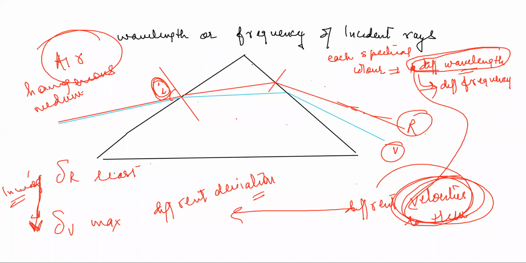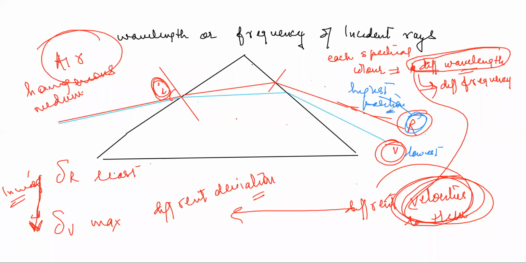And that is why in the spectrum, violet color is always at the lowest, and red is always at the highest position.